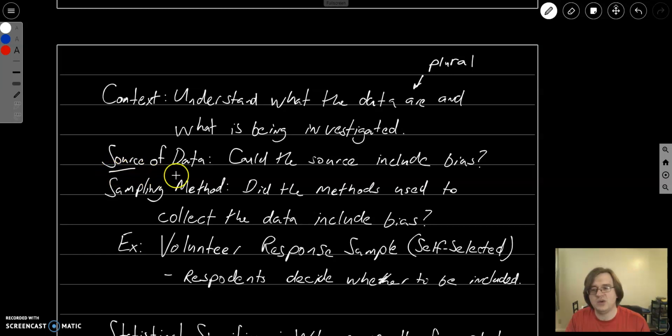And knowing the source of the data is also important because some sources may be inclined to include bias.